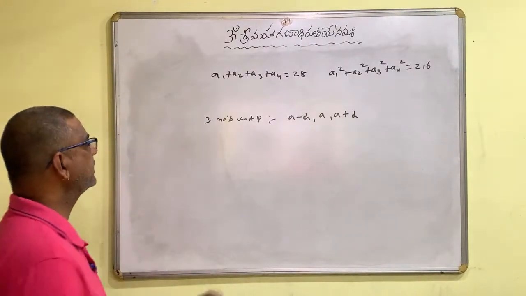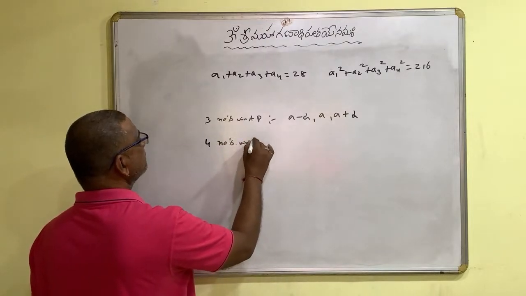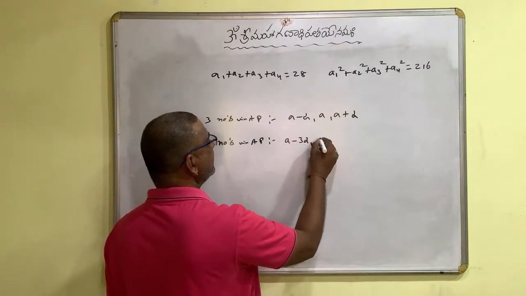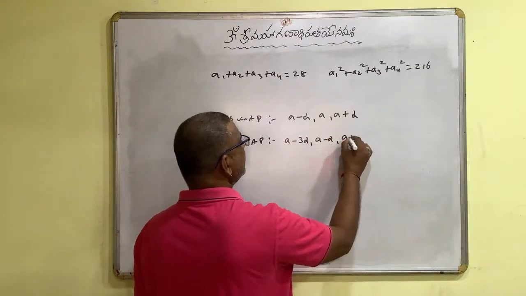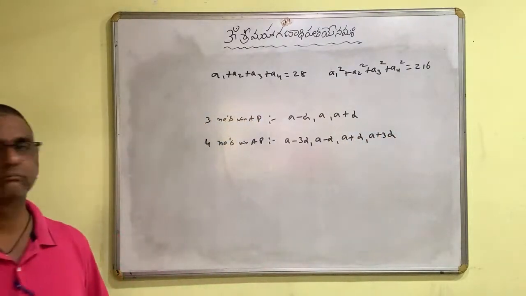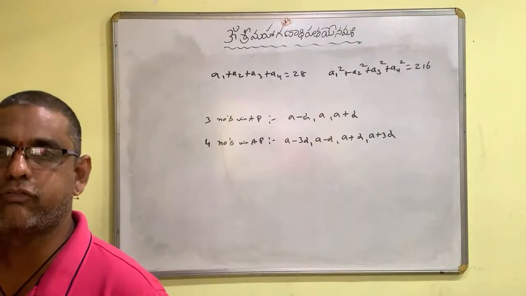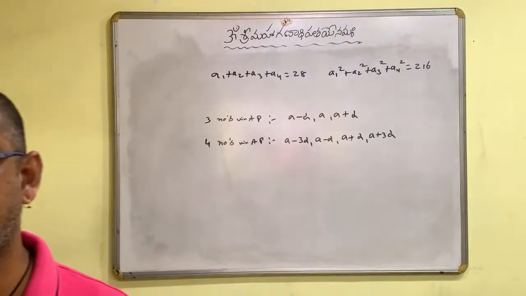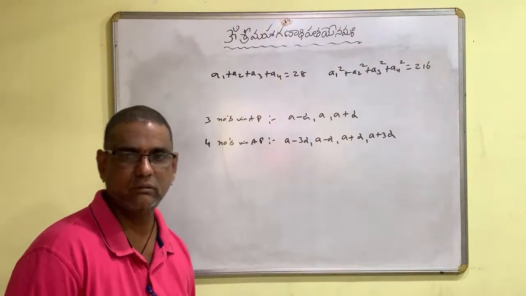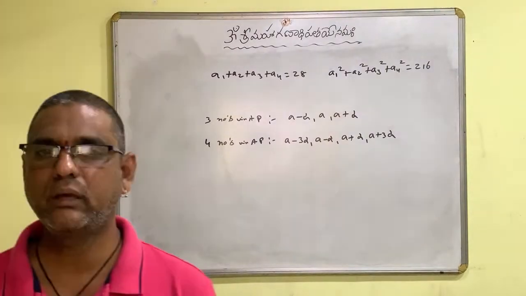Suppose the problem is talking about 4 numbers in AP, we need to consider them like this: a minus 3d, a minus d, a plus d, a plus 3d. If the problem is talking about 4 numbers which are in AP, we can consider the 4 numbers like this so that solving the problem is easy.